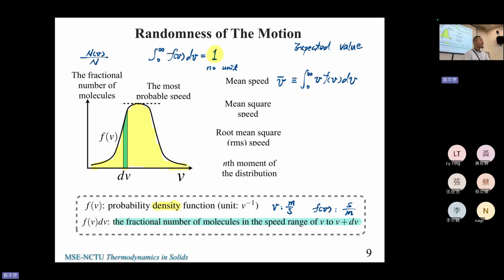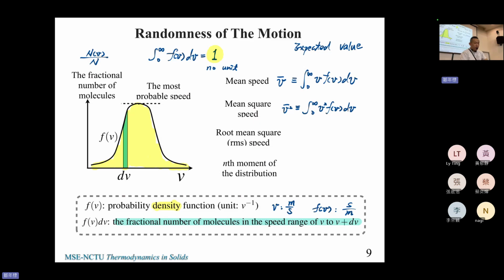So this is the expected value. Expected value is the value times its own chance, right? And sum them up together. That's the meaning of that equation. Okay? And the mean square speed. Mean square speed, by definition, 0 to infinity, v squared, f(v) dv.